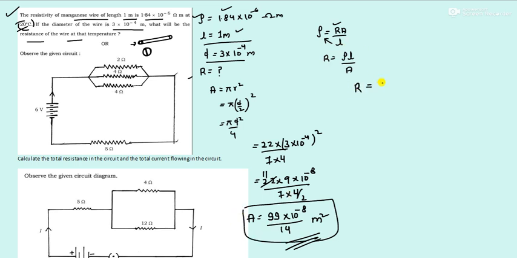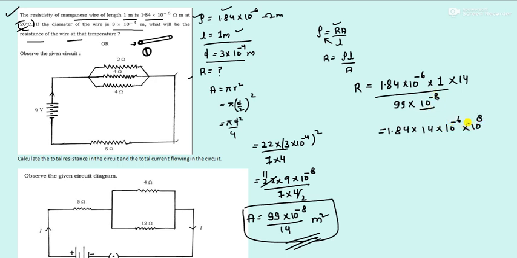Now this area you can substitute here. So resistance becomes, what is rho? 1.84 × 10^-6 into L is 1, divided by the area 99 × 10^-8 over 14. This 14 will go to the numerator. Now this becomes 1.84 into 14 into 10^-6. If I bring this to the numerator, it becomes 10^+8, correct?